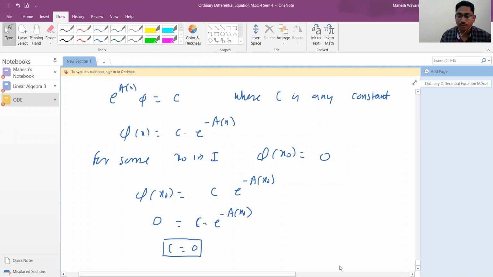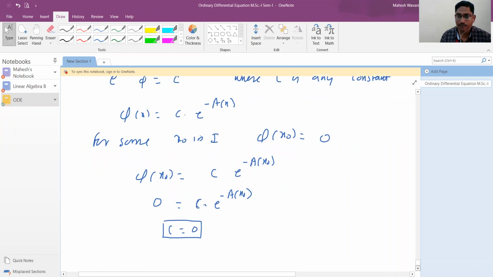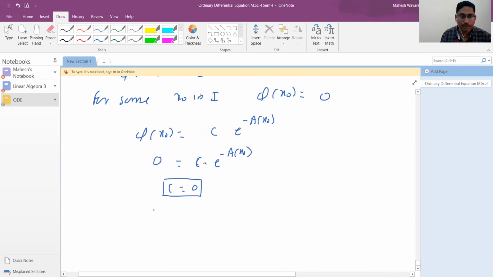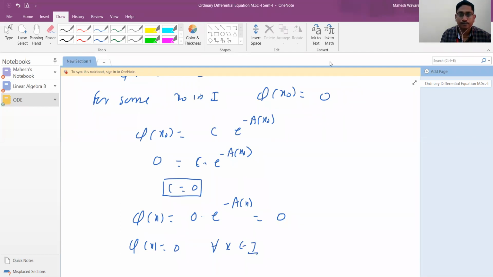If you get c equal to 0, then phi of x is equal to 0 into e to the power minus a of x, which is equal to 0. That is phi of x equal to 0 for every defined range. That means phi is the trivial solution.